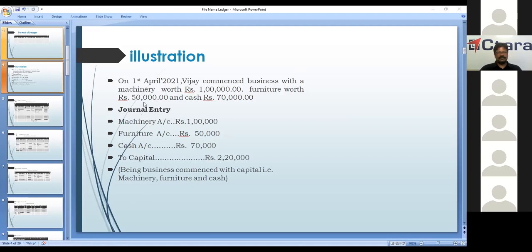Okay, so once again, I'll just repeat this and then go to a bigger illustration. On the 1st April 2021, Vijay commenced business with machinery worth rupees 1 lakh, furniture worth rupees 50,000, and cash rupees 70,000. That's the capital. The journal entry for this is machinery account 1 lakh debit, furniture account 50,000 debit, cash account 70,000 debit to capital 2,20,000.